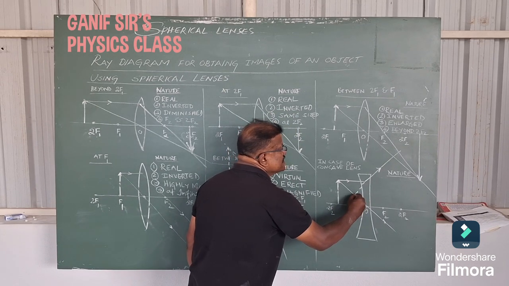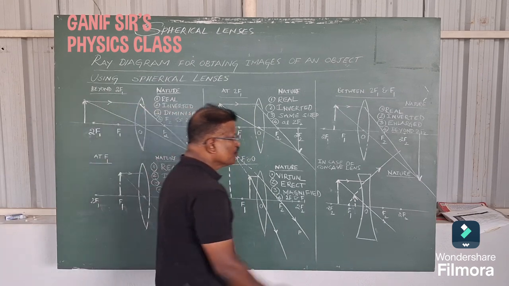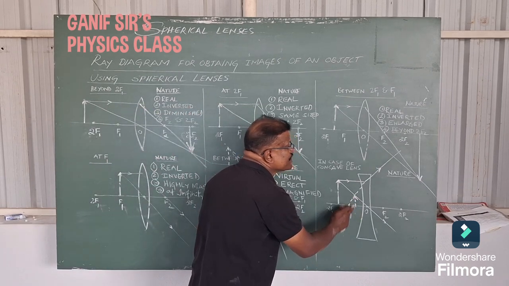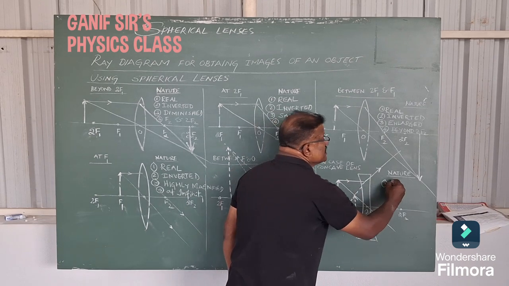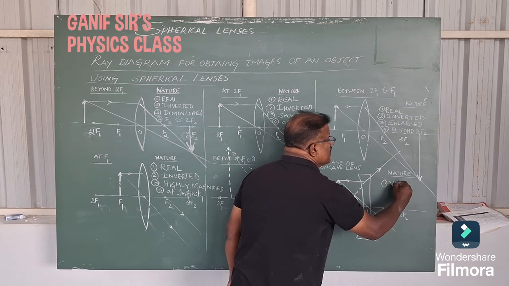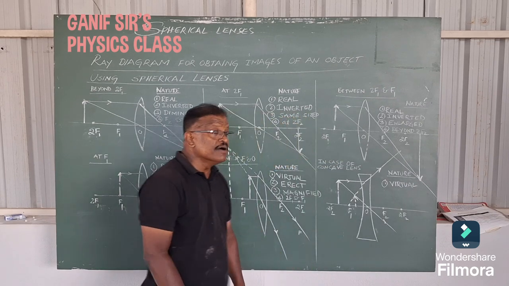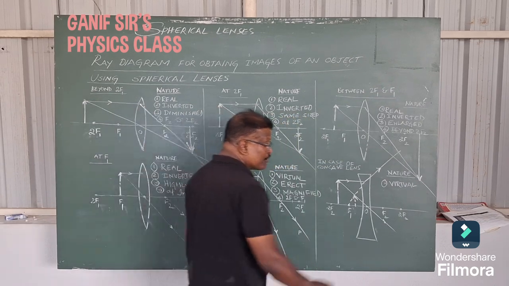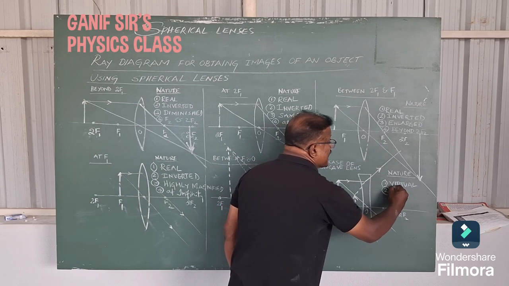This is the image that I'll get. So now let's discuss the nature of this image. The first nature is, of course, that it is virtual, because it's not a real image. It can be perceived by our eye, not by any physical screen. And second one is erect.